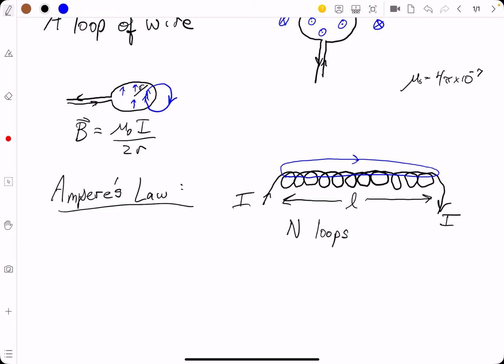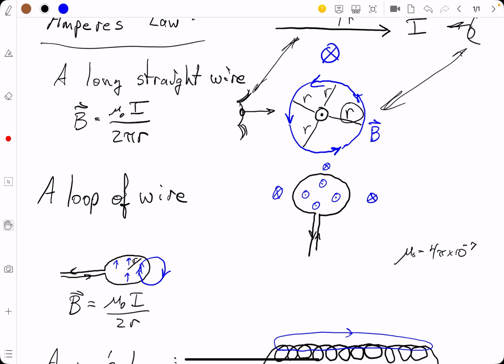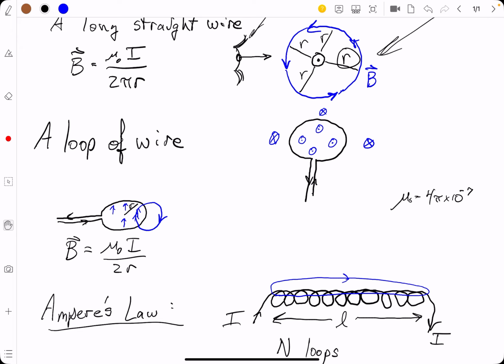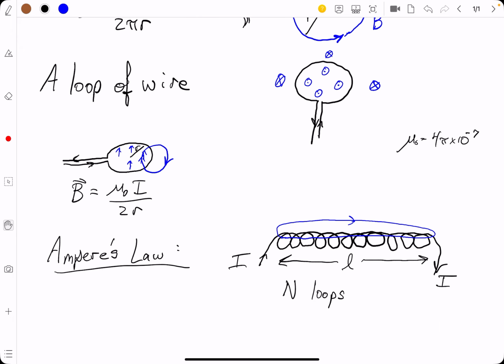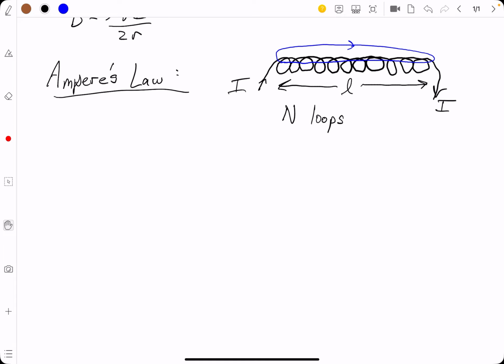And so we've got Ampere's law, and we figured out what we needed to do to have a long straight wire, what Ampere's law is all about. We figured out a loop, wire in a loop. Now we're going to talk about wire for a solenoid.